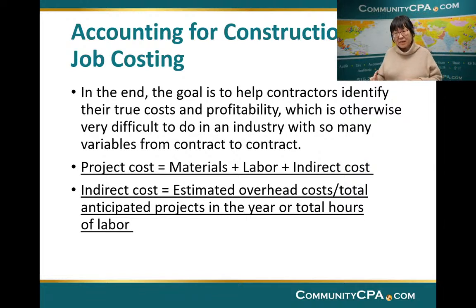Then 30% of the 1,000 should be allocated to that project, and 70% of this 1,000 should be allocated to the other project, because you just have two projects, right? You can use those kinds of values to divide your indirect costs. But the key is that you want to get enough projects in your business so your indirect costs can go down. The lower it is, the more competitive you are.